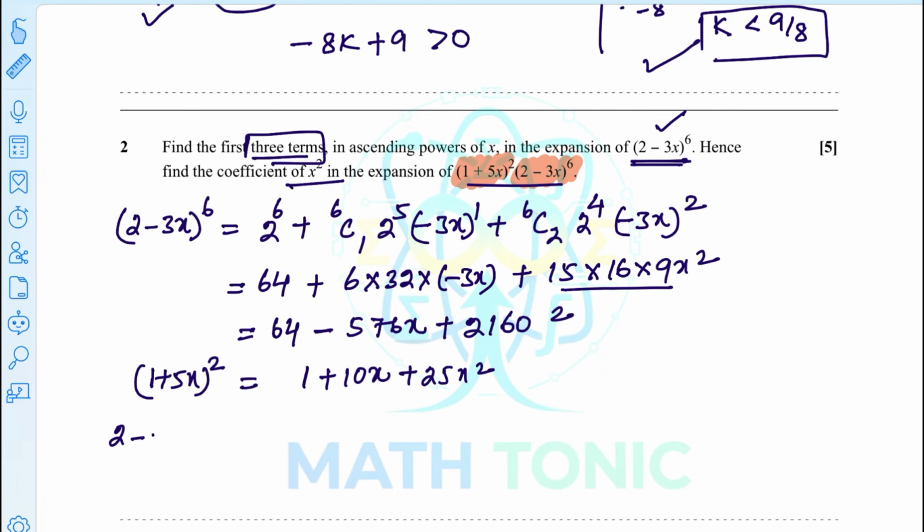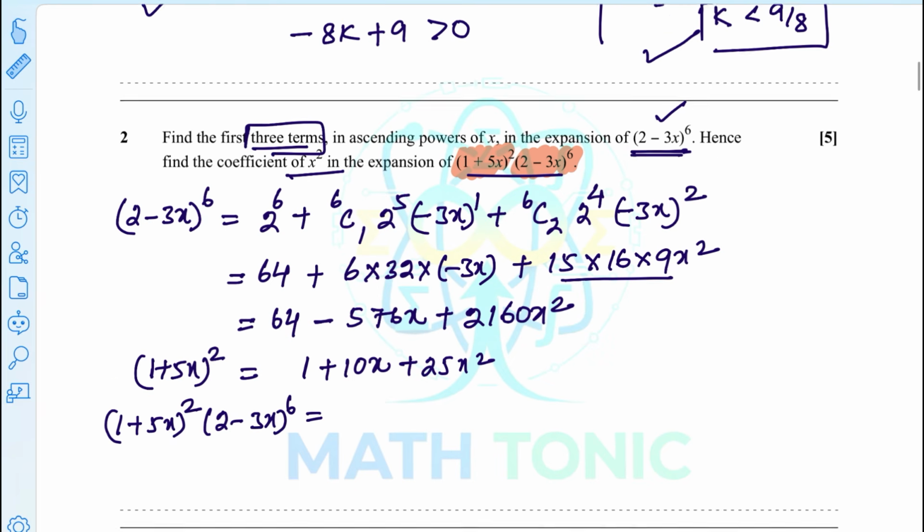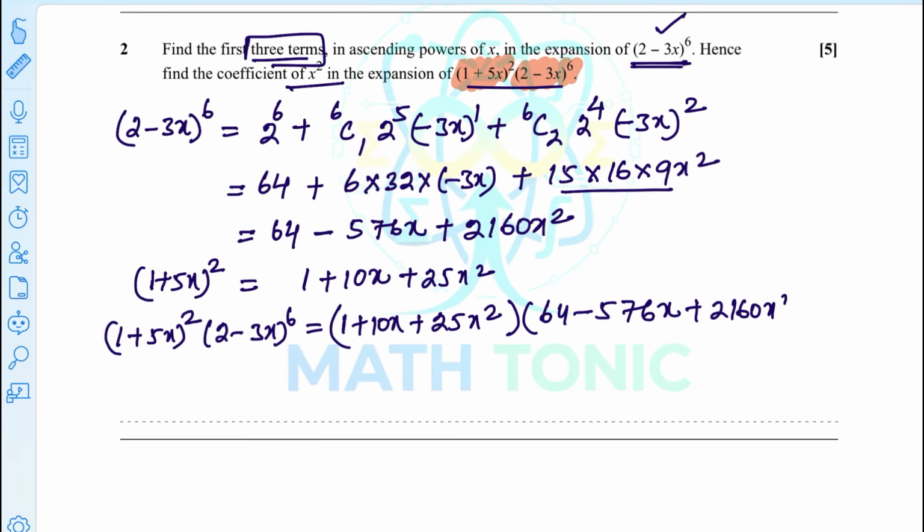We have first given (1 plus 5x) squared, then we have (2 minus 3x) to the power 6, right? So now this one we have 1 plus 10x plus 25x squared, and the second term expansion we are done with: 64 minus 576x plus 2160x squared we have.